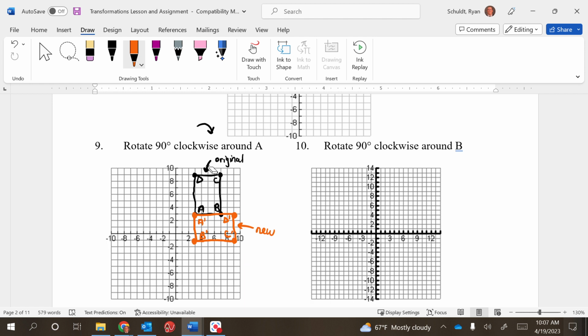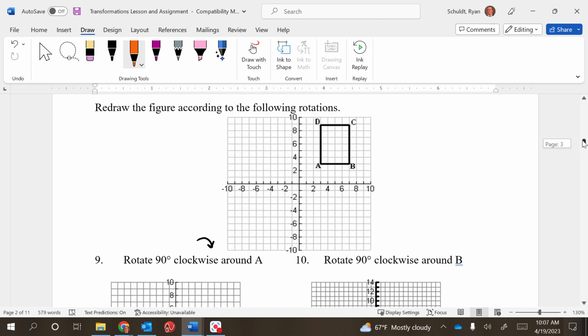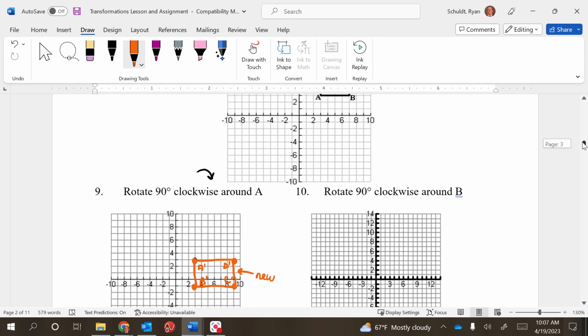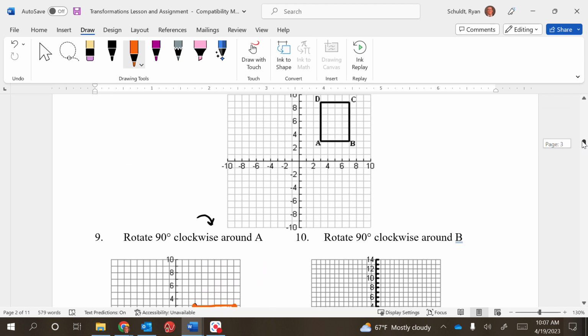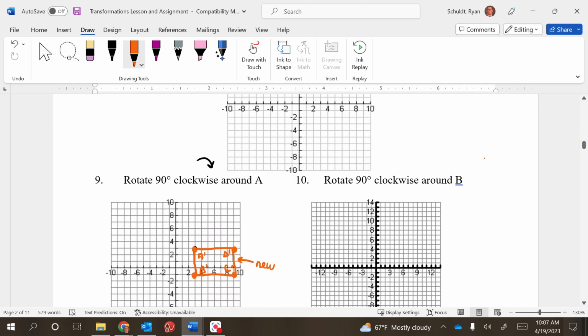I'm going to erase the original now that we've drawn the picture. That's rotating it around A. Okay, now we need to rotate 90 degrees clockwise around B. So let me draw in the original again.